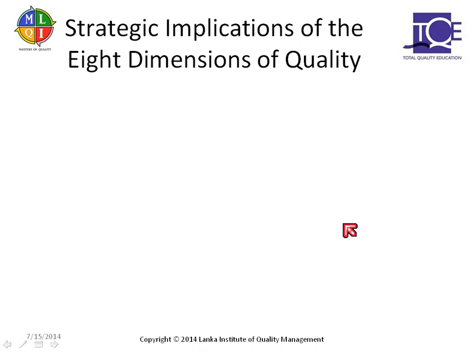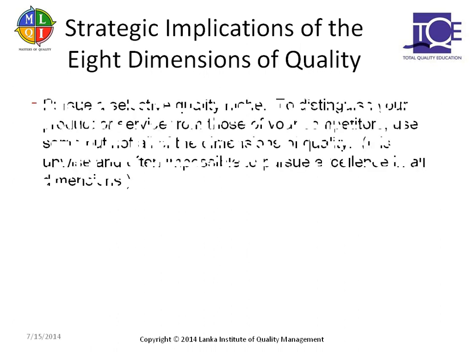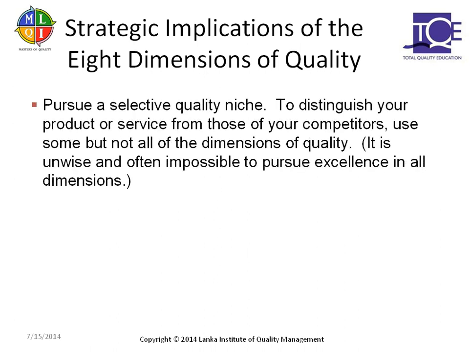The quality of a product has strategic implications. In order to distinguish your product or services from your competitors, dimensions of quality can often be used to define the position of your products.